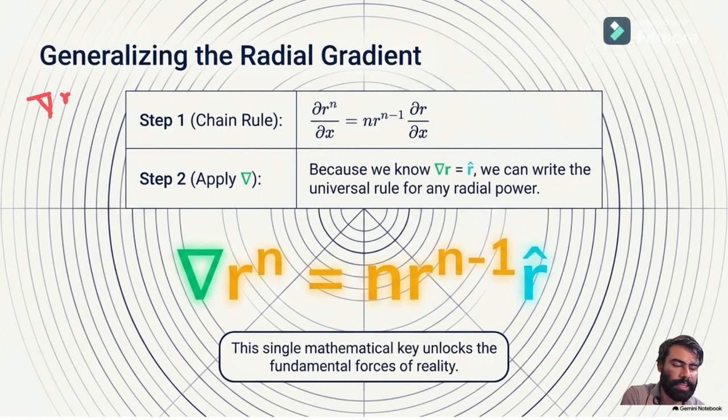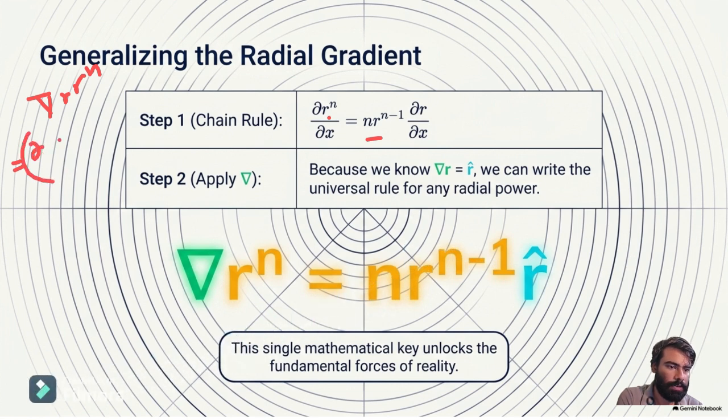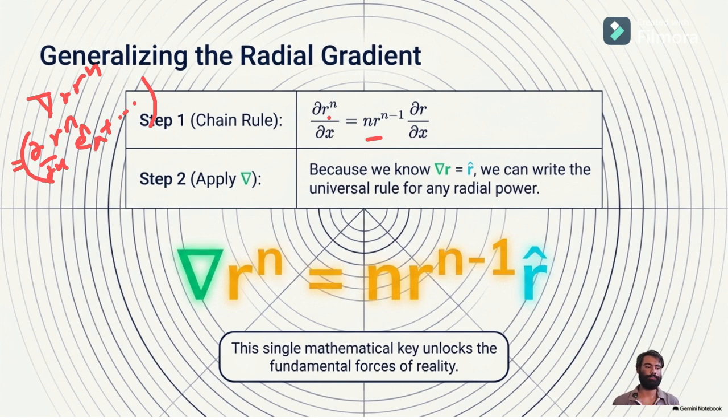Now we have found the gradient of r. Here we have to find the gradient of r to the power n. How will we find it? In the same way, del r^n by del x will be n r^(n-1) times del r by del x. So the gradient will be del of del x r^n ex plus, and in that way it goes on for ey and ez.